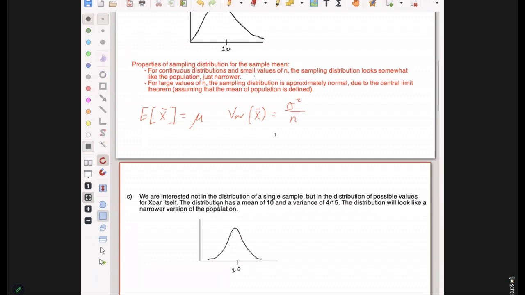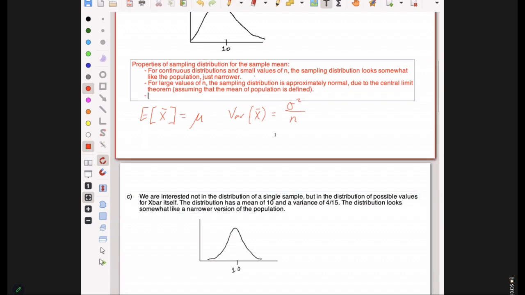I'll say it looks somewhat like a narrow version of the population because if the population is skewed, the skewness of the sampling distribution for that sample mean decreases as n increases.